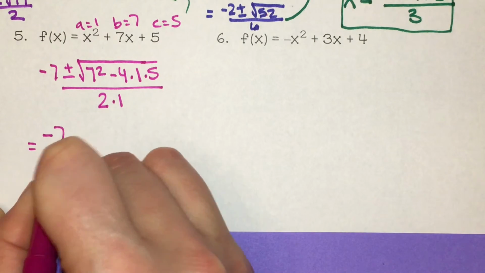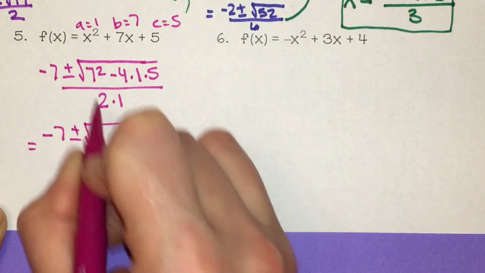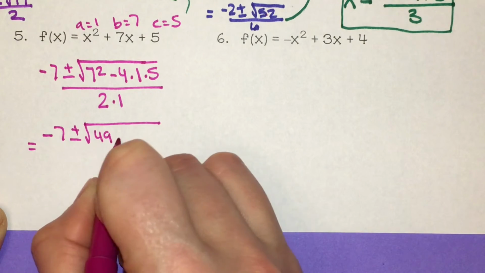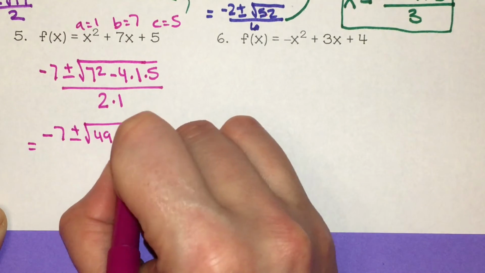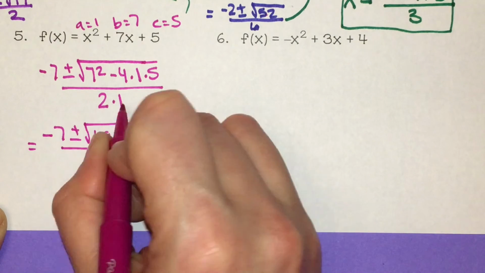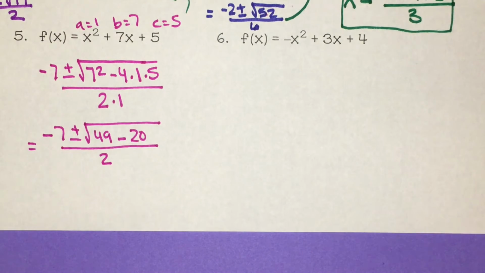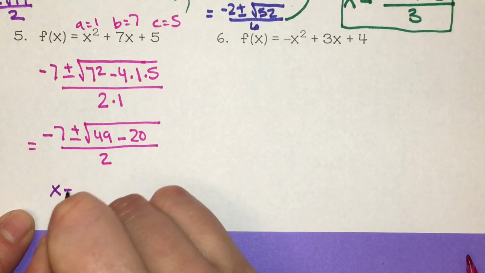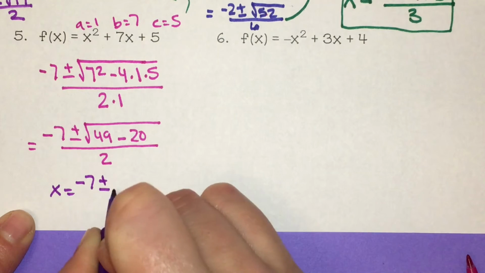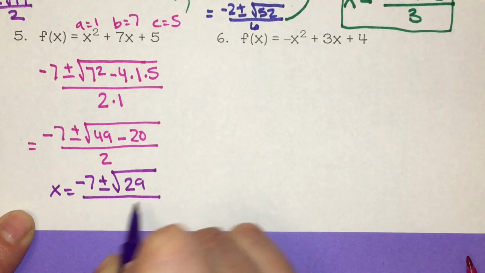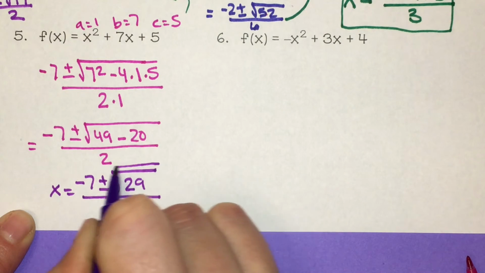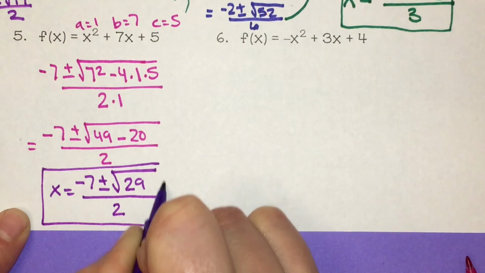So this gives me -7 plus or minus the square root of 7 times 7 is 49, minus 4 times 1 is 4, 4 times 5 is 20, over 2. Okay, then we have x equals -7 plus and minus the square root of 29 over 2. And this is my final answer.